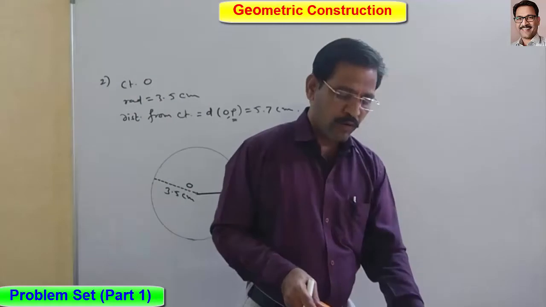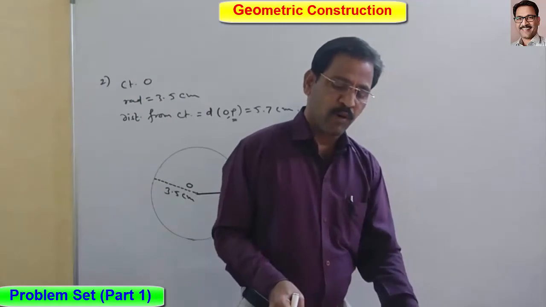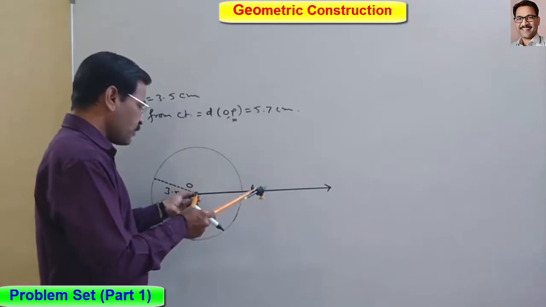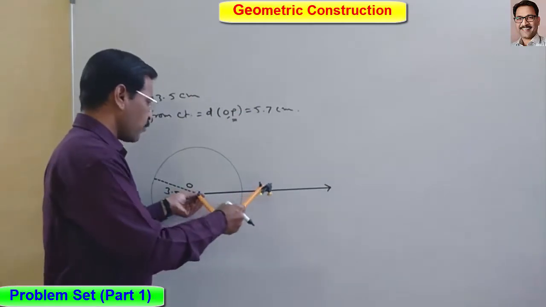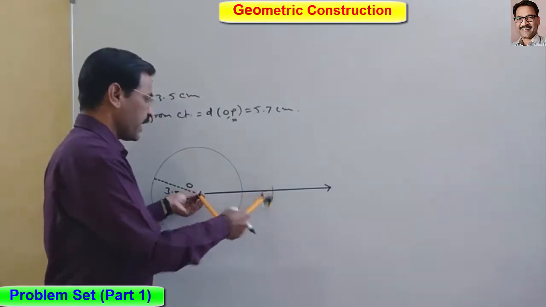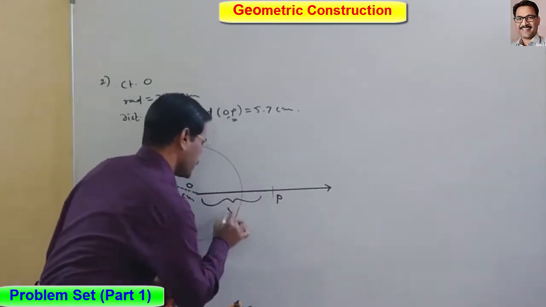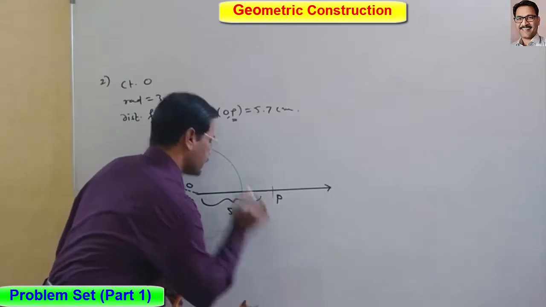I'll take 5.7 in the compass. Look here, this is 5.7. So I'll draw one arc from the center at a distance 5.7, like this. This is point P.